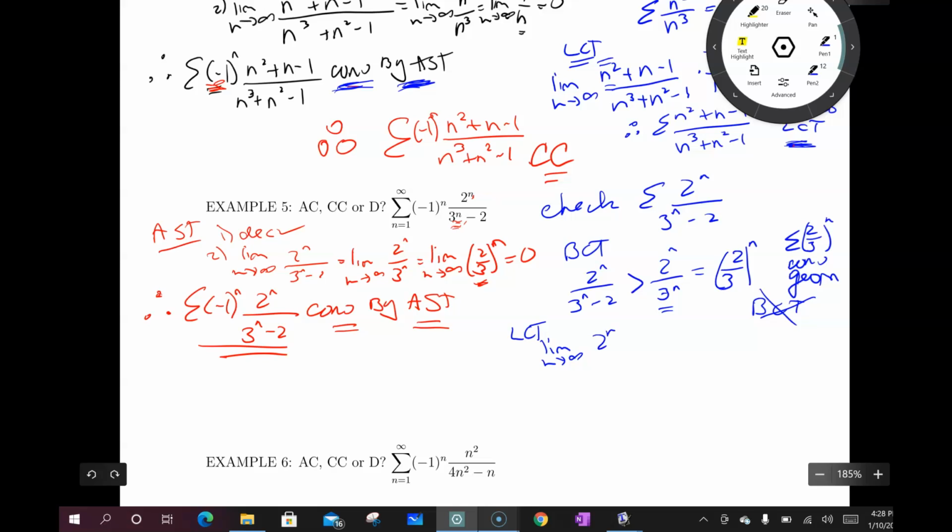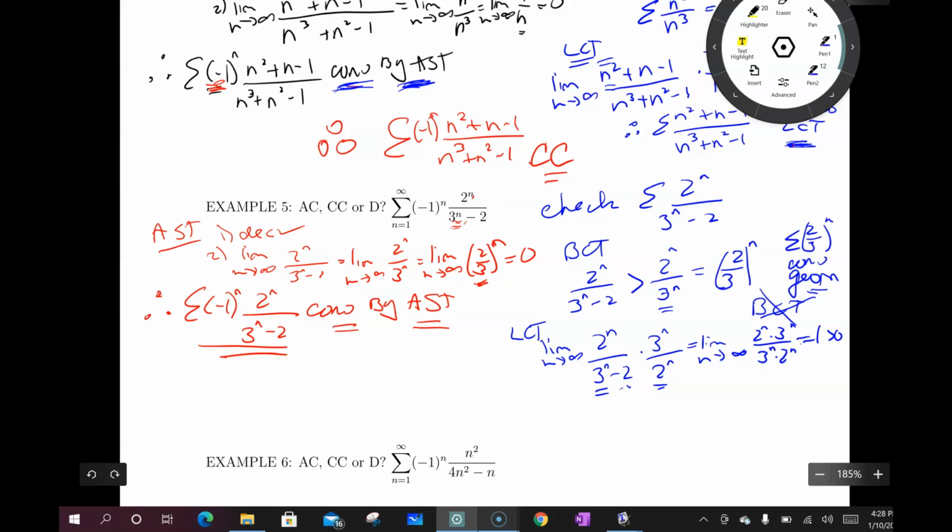Limit as n goes to infinity. I'm going to write the original guy, multiply by the reciprocal of my new one, this one. So if I take the highest powers, I'd get 2 to the n, 3 to the n, 3 to the n, 2 to the n, right? Because I'm just taking highest power, so this little 2 here fades off in the distance. These cancel to get 1.